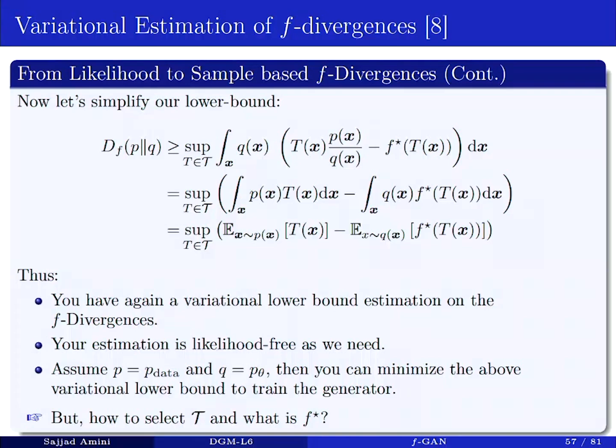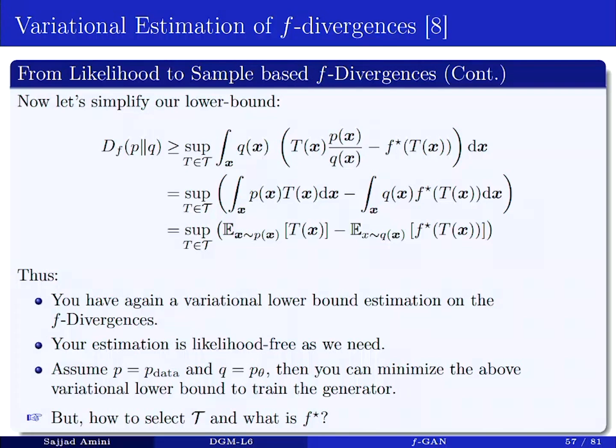Because you have an expectation. Expectation can be approximated using Monte Carlo estimation. Monte Carlo estimation just needs samples. It does not need the likelihood. Clear? So we have a lower bound that can be calculated using just samples.